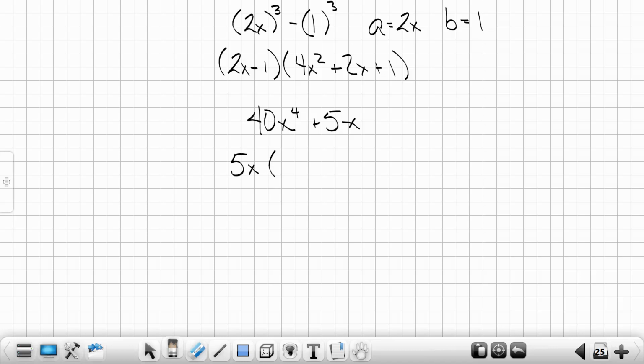If I factor 5x out of 40x to the fourth, what do I get? 8x to the third. There's that cube. If I factor 5x out of 5x, what do I get? 1. Because I took one of the x's out of it.